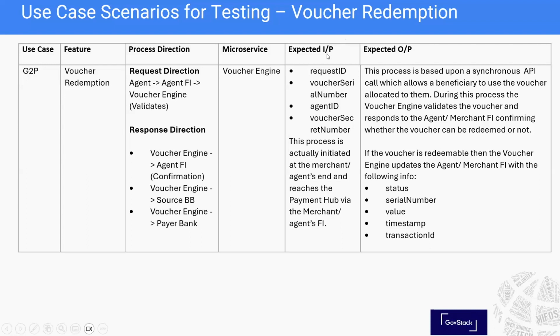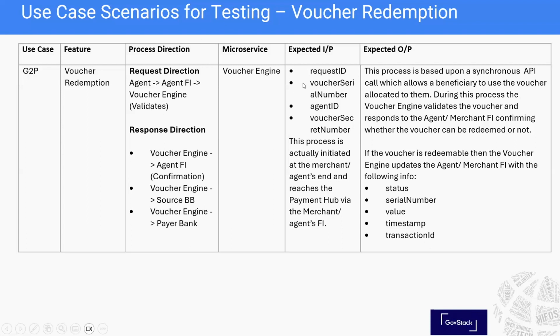That request could reach the voucher engine through the multiple connectors that Payment Hub provides, depending upon the type of request. So the expected input before voucher redemption could occur is the request ID, then the voucher serial number, and also the agent ID. It could be, again, a design decision how agent IDs are allocated, based upon the whole system in which the agents are registered, to identify them in the system.